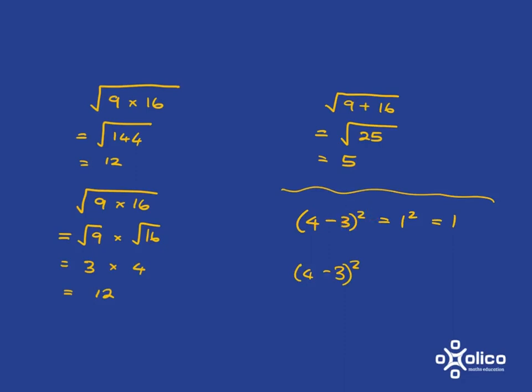Well, let's have a look at that. We would have 4 squared subtract 3 squared, which is 16 subtract 9, which is 7. Again, you can see with subtraction we can't just split it up and distribute it like that. So, short story, multiplication and division, no problem at all. Addition and subtraction, you need to be a little bit careful.